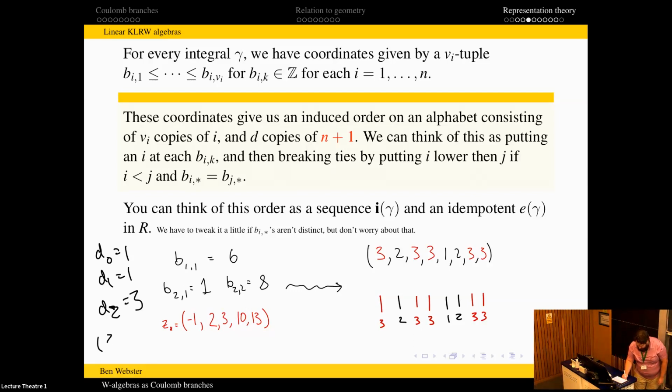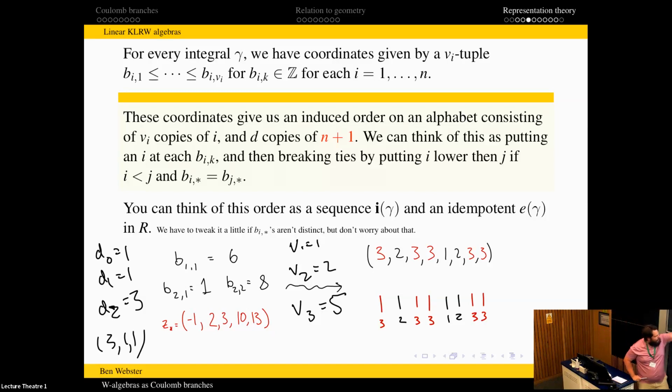So it's the nilpotent (3,1,1). And so my v's are v_1 equals 1, v_2 is the sum of the two smallest parts, so it's 2, and v_3 is 5. It's the sum of the three smallest parts.